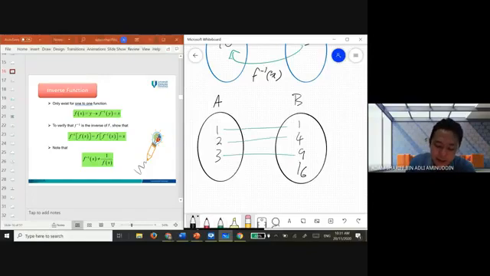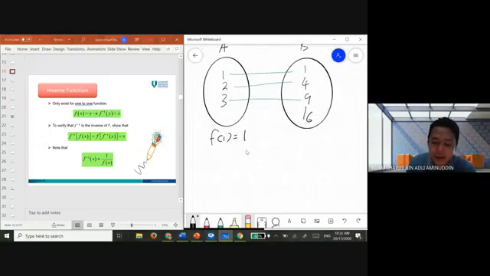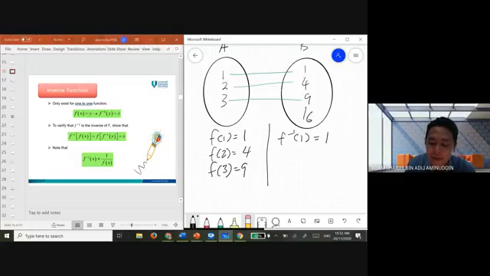Kerana F1 sama dengan 1. F2 sama dengan 4 dan juga F3 sama dengan 9. This is case for F. Kalau inverse function, the direction is reverse. F inverse 1 dapat balik 1.